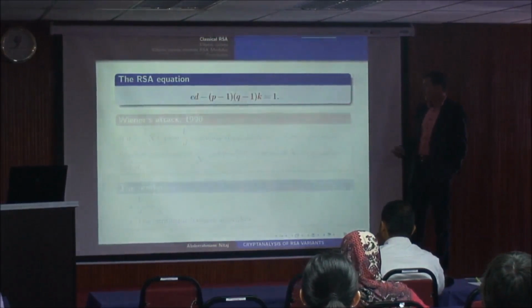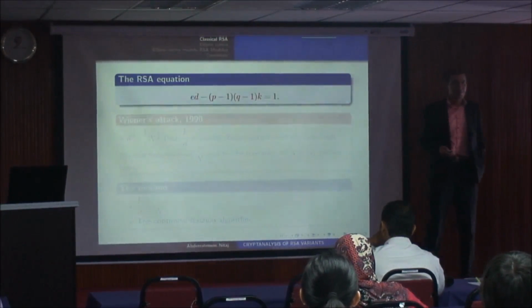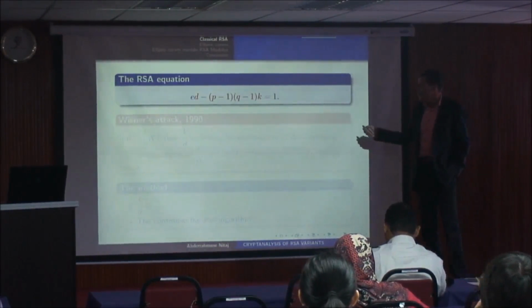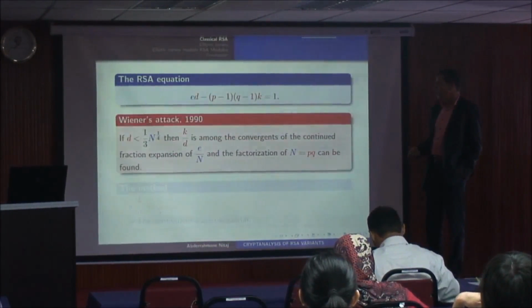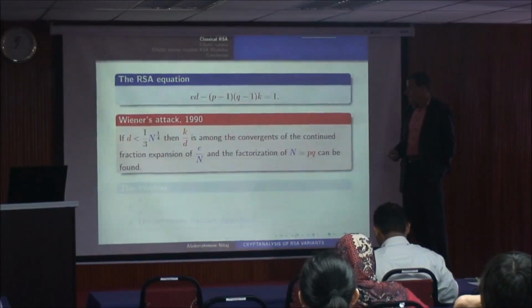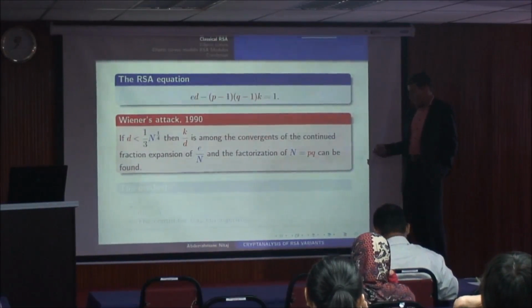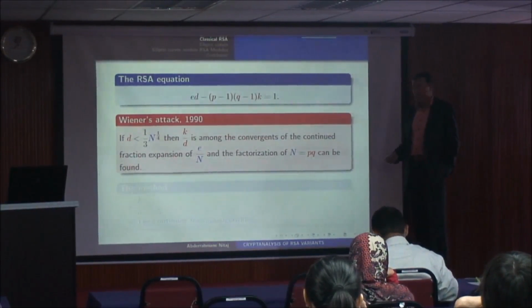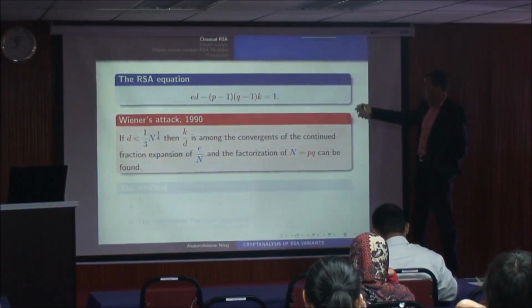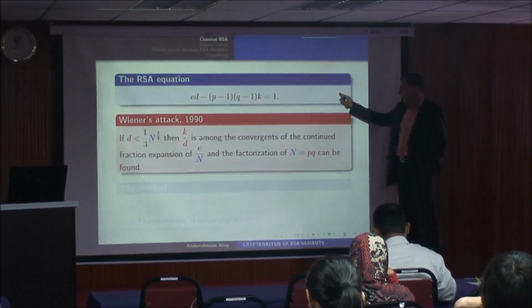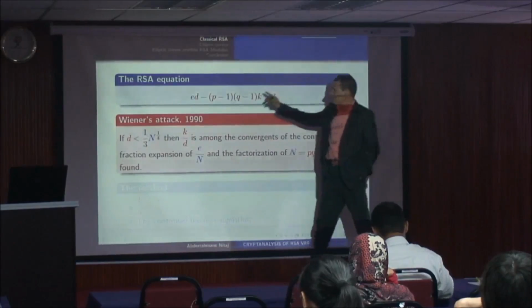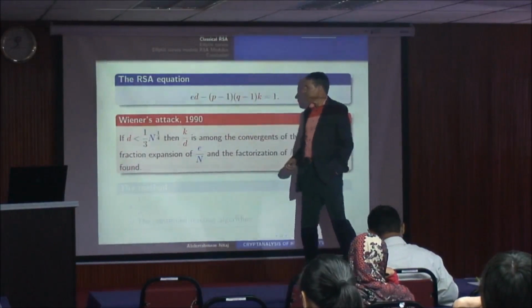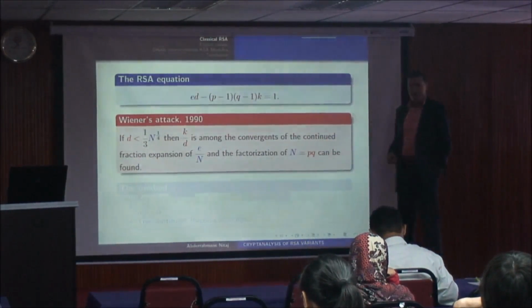Nevertheless, there are various ways to solve this equation. For example, in 1990, Wiener came up with a method to solve this equation when the private exponent d is small enough.